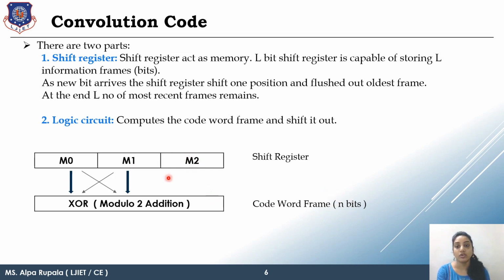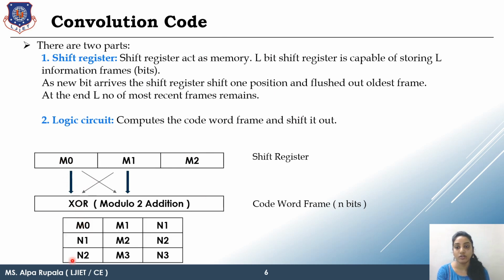Okay, so now what we are doing, this particular code is known as the tree code due to the fundamental that first of all, we are calculating the logic circuit XOR formula on M0 and M1 first. Then after, we will get N1. And in the next frame, the shift register shifts one position to the right side. So now my M2 data frame will be selected, but it will do the XOR operation with the previous calculation, that is N1.